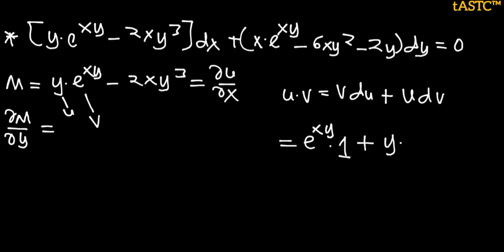U is y. And we need to differentiate this stuff. That is v. If you wanted to differentiate that, that will be e to the xy multiplied by the derivative of xy. Now we need to differentiate xy with respect to y. So that will leave us with an x. So we're going to have e to the xy plus xy e to the xy.